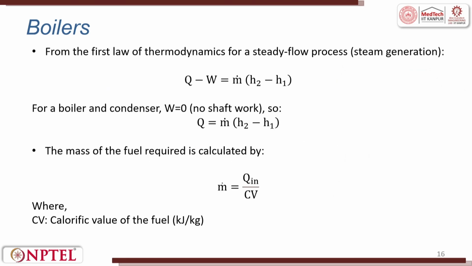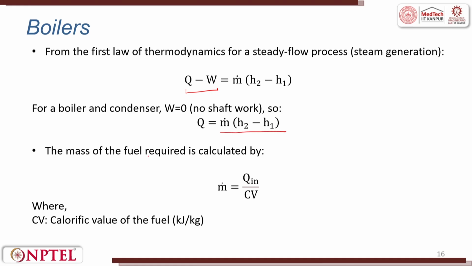Now, the first law of thermodynamics for a steady flow process, that is steam generation, says Q minus W, that is heat minus work done, is m dot times H2 minus H1. This we have discussed when we talked about enthalpy and entropy. For a boiler and condenser, when W is equal to 0, that is no shaft work, Q is equal to m dot into H2 minus H1.